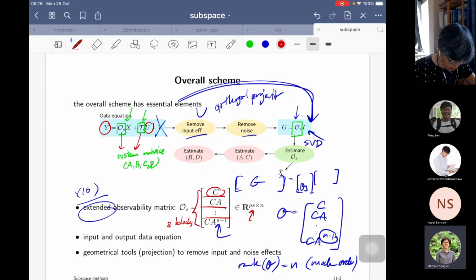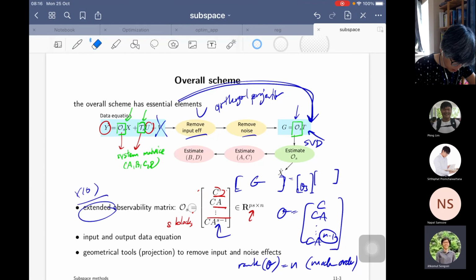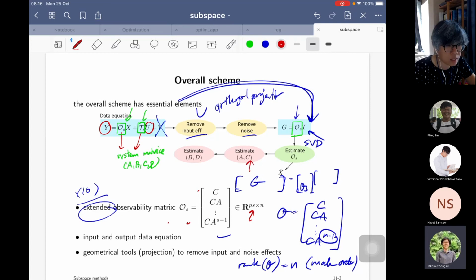The matrix OS plays an important role in subspace identification, because, as I said here, OS contains the system matrices, the system parameters C and A. If you can estimate OS, in the next step you can estimate A and C. In the lecture, we will explain step by step the mathematical concept behind it, but let's see an overview here.